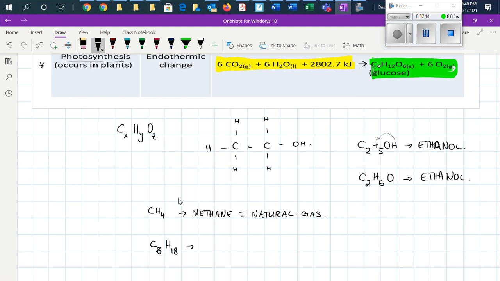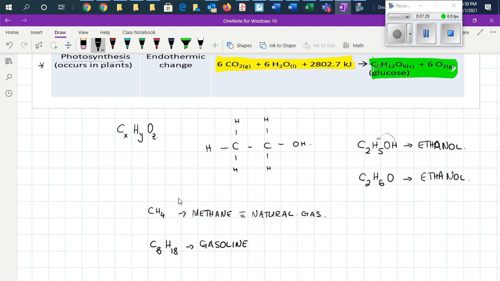So this is gasoline, and it is used in our everyday life when we go and fill up our cars at the gas stations.